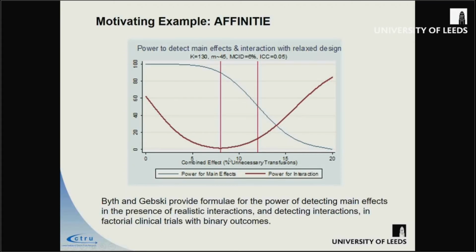Now, the main effects power does rather drastically reduce as you increase the size of the interaction, and the power for detecting the interaction at the same time goes up. So you're sort of replacing the ability to detect a main effect by the ability to detect an interaction, which to me is a perfectly reasonable thing to want to do, and I think that's fine.